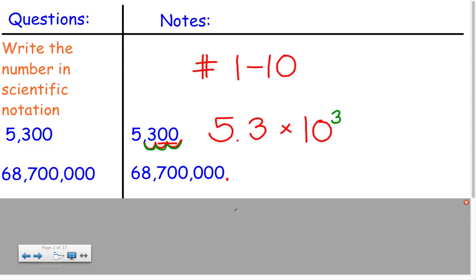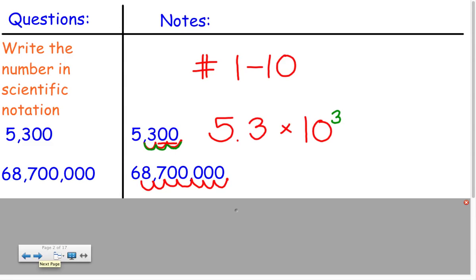Okay, so I'm going to move this decimal until I get to a number that's between 1 and 10. And notice I'm making these little loops in between each digit. If I stopped there, I'd have 687, not between 1 and 10. If I stopped there, I'd have 68.7, not between 1 and 10.